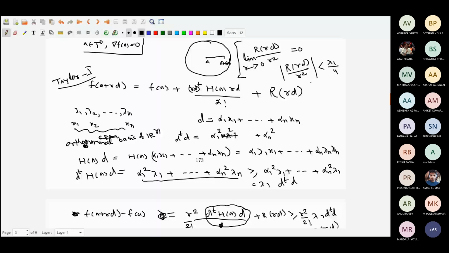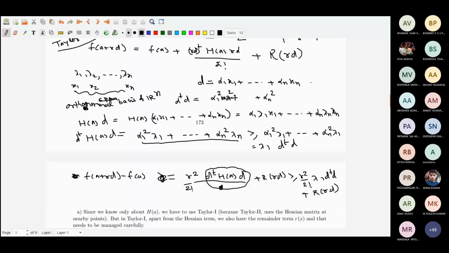Then I divide by RD norm square, which basically means R square d transpose d.